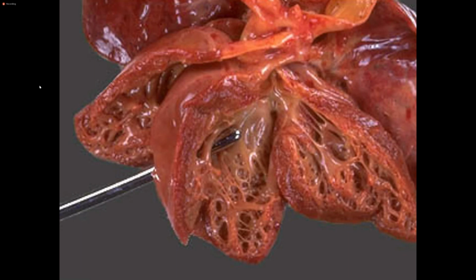So you need to understand the direction of the shunt. As for the location of these ventricular septal defects, 90% of these cases are located in the membranous part of the septum. The septum between the ventricles is composed of a membranous part and a muscular part. These defects, 90% of the time, develop in the membranous part of the septum.